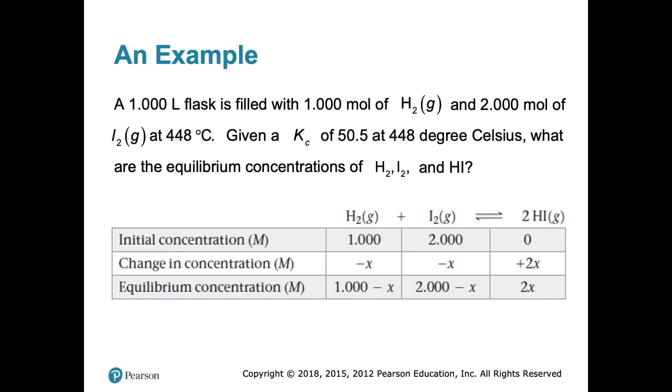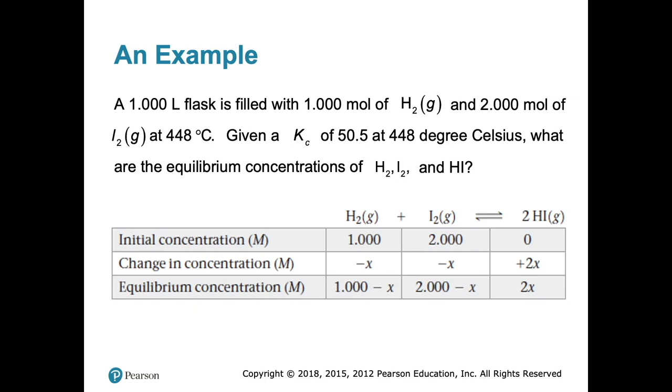Given a K of 50.5 at 448 degrees Celsius, what is the equilibrium concentration of hydrogen gas, iodine gas, and hydrogen iodide? So just given these things, you should be able to figure it out.